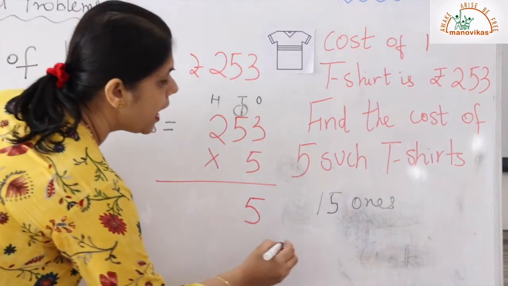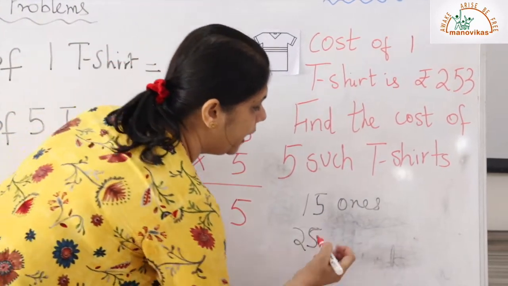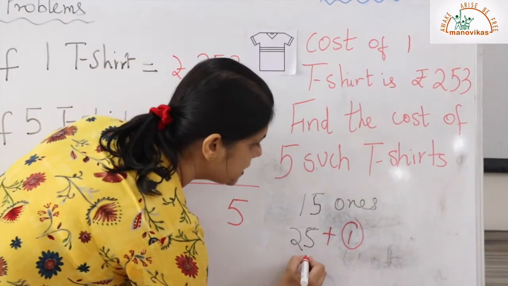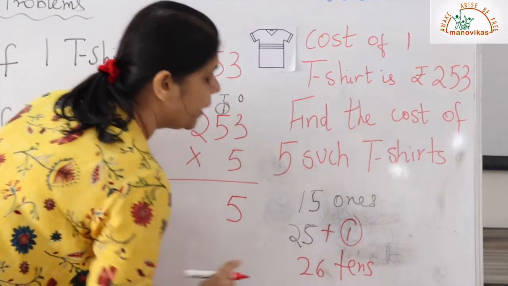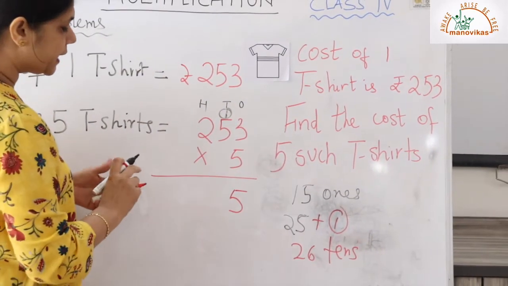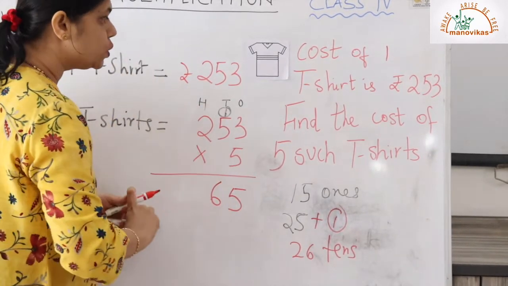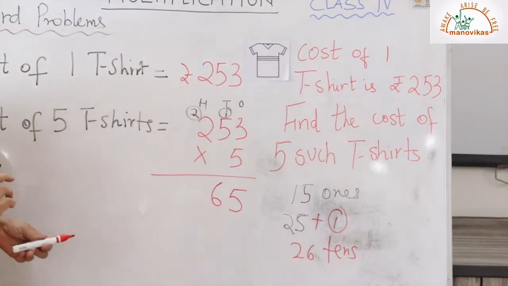So 25 plus 1 which is the carryover, right? How much is it? 26 tens, correct? So 26 tens, how will you write again? You will write 6 here and you will carry 2 to the hundreds place. Carry over 2 here.